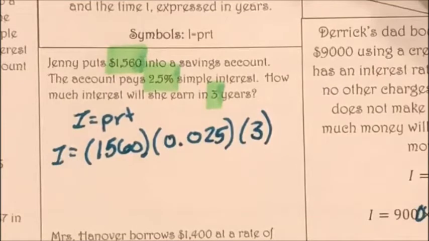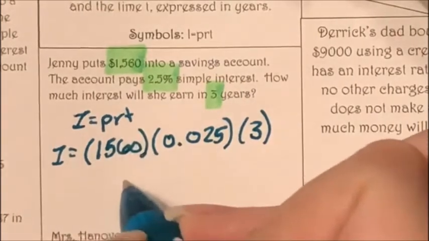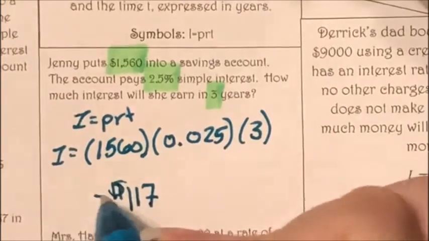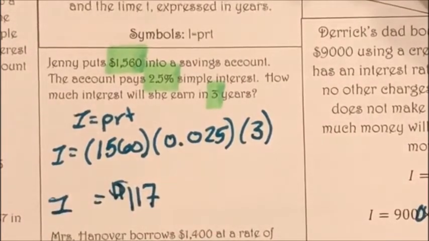When I multiply all of that out, 1,560 times 0.025 times 3, I get 117. So my interest is 117. That's how much interest she'll earn in 3 years.